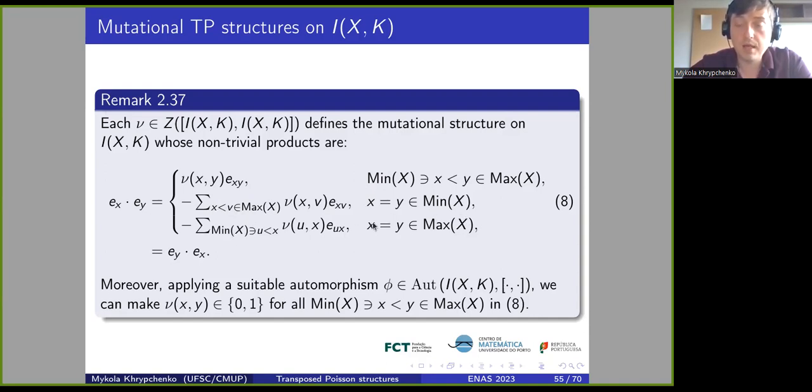And if both are maximal, you have the sum over all elements where u is minimal and less than x, and you apply also ν to these pairs. So this ν appears in all the products, and the rest of the products are 0. Moreover, you can apply a suitable automorphism to make this coefficient 0 or 1. Those non-zero you can make equal to 1.